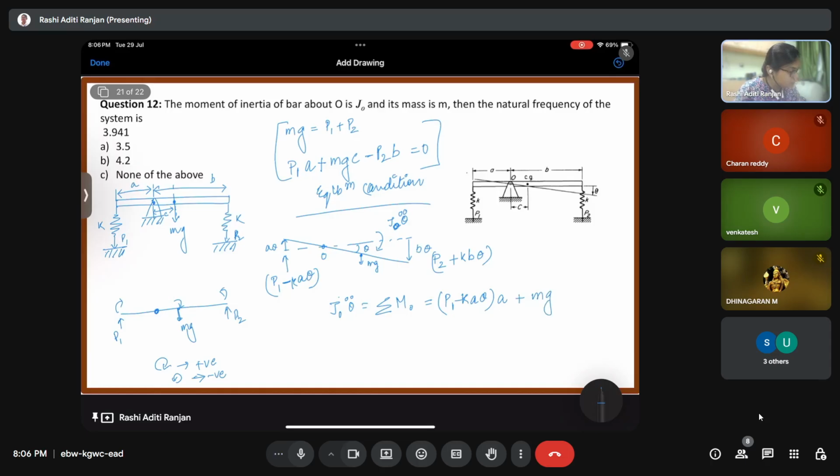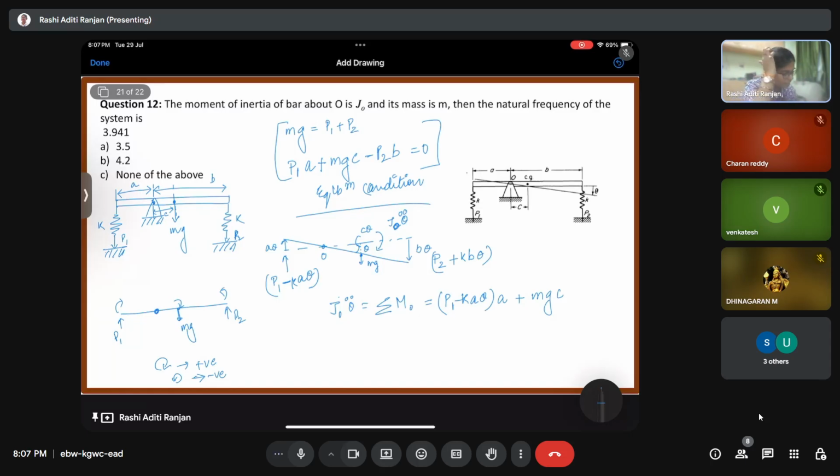Mg into c theta. This is c theta. Or is this going to be just mg into c? No, why c theta? Sorry. It is going to be c. It is already acting in this.